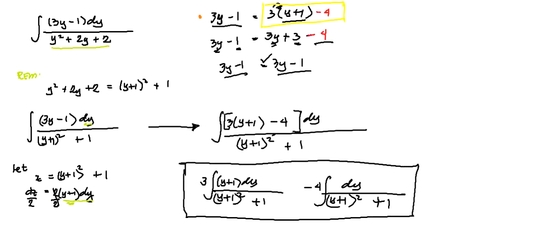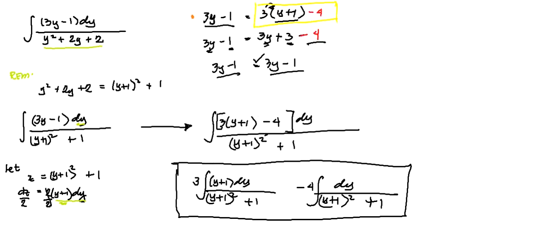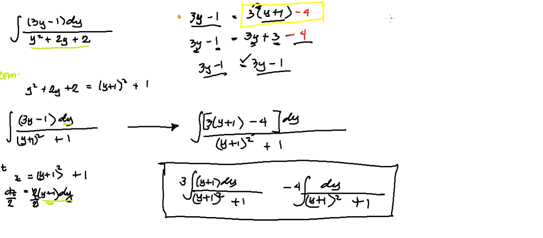From here we can now use our formula, because we have the formula for these two, right? So this 3 times the integral of (y plus 1) dy all over (y plus 1) squared plus 1.